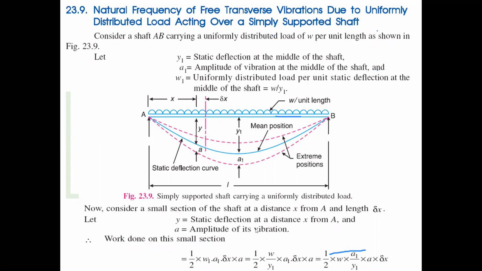For solving this, let us consider a small section of the shaft at a distance x from A and length delta x. This total shaft, we consider only one small element, a small strip.